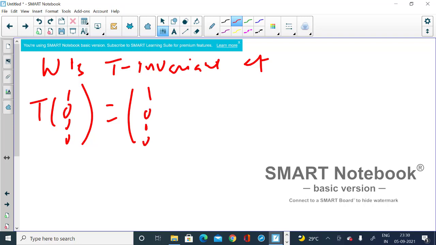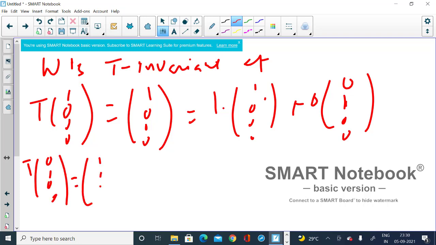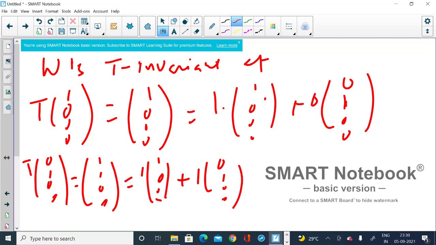You can write it as 1 times 1 0 0 0 plus 0 times 0 1 0 0. And what about the other vector 0 1 0 0? You see that the image is actually 1 1 0 0. So this is nothing but 1 times 1 0 0 0 plus 1 times 0 1 0 0. So both the images are inside the space generated by the vectors 1 0 0 0 and 0 1 0 0, right? That means W is invariant.